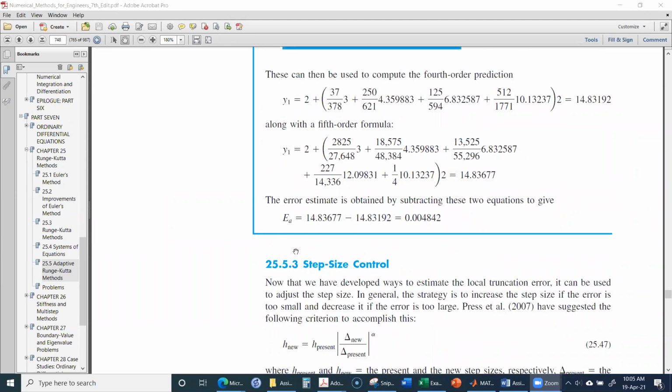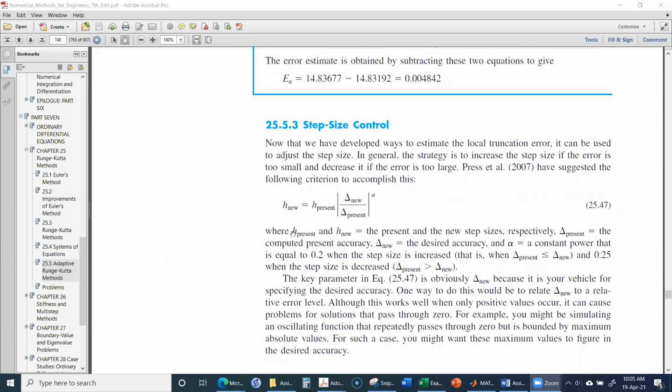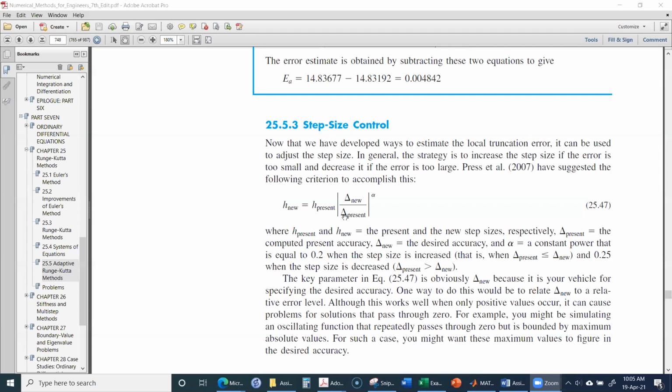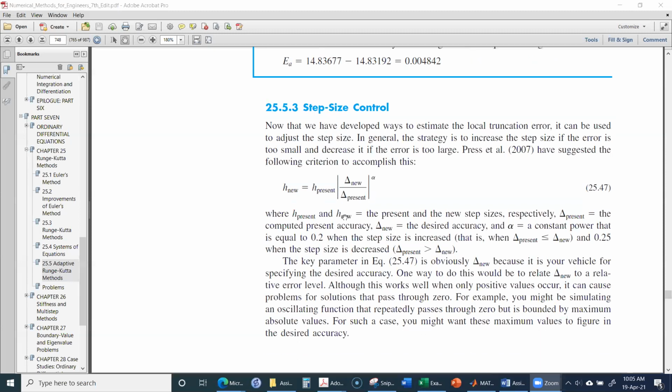Now since we have found the error, which we can find either by the adaptive Runge-Kutta method or by the Runge-Kutta-Fehlberg method, we can use it to modify the step size.